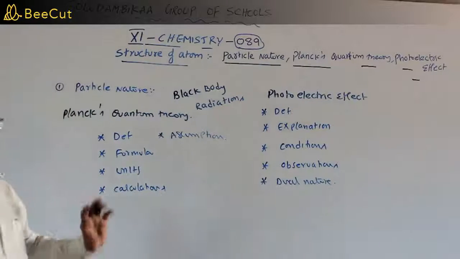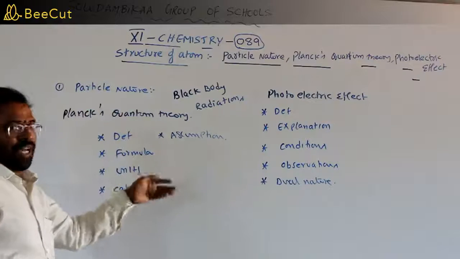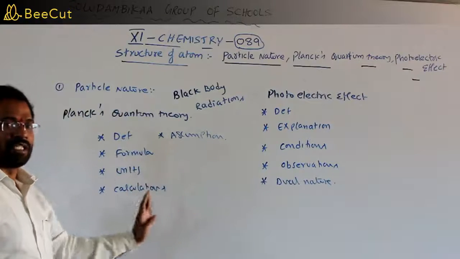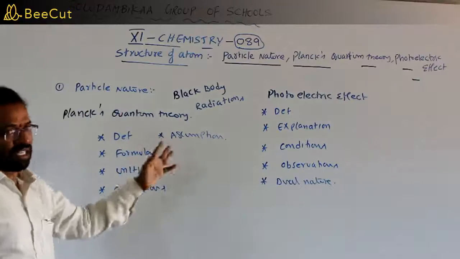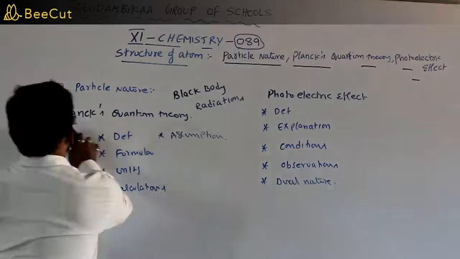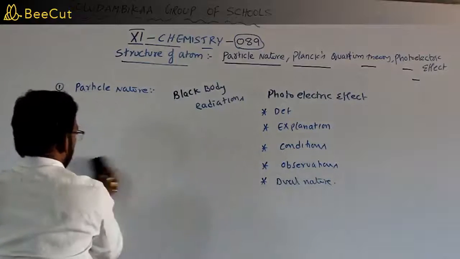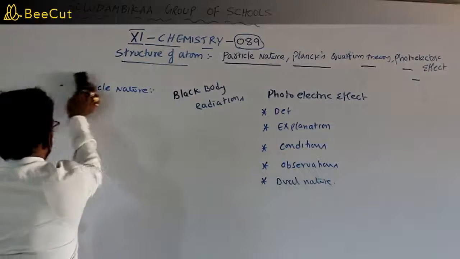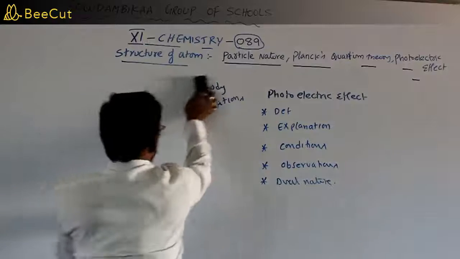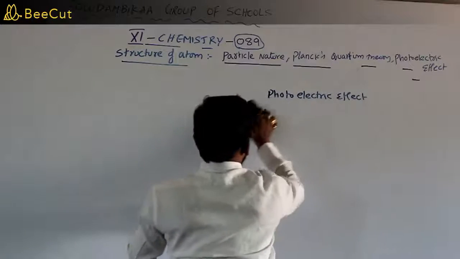In this class we are going to deal with these three concepts, including NCERT book questions based on these concepts and also worksheet questions. Now, first particle nature. The important points related to particle nature of light and black body radiations we can see here with the notes.